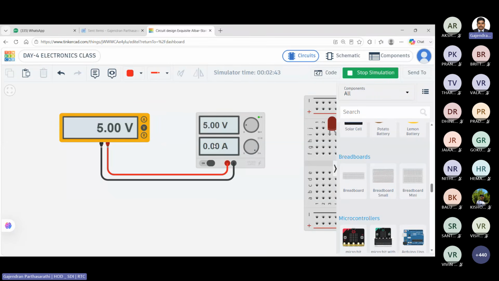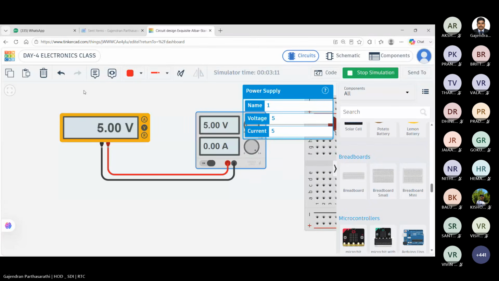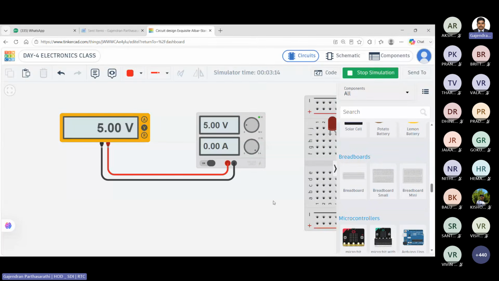How can I make the system go to 0? If I turn off the power supply, it will become 0. If I turn on the supply, it will become high. So now you understood what digital logic levels are, with 5 volt.